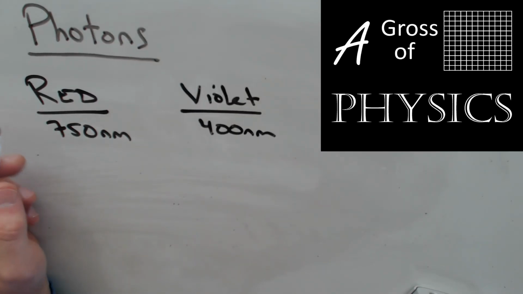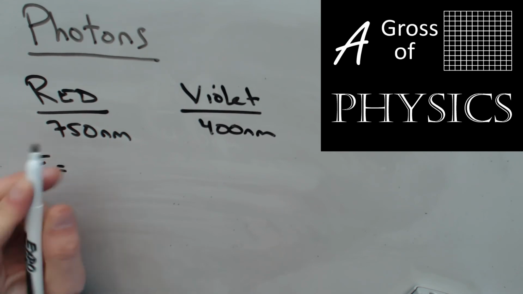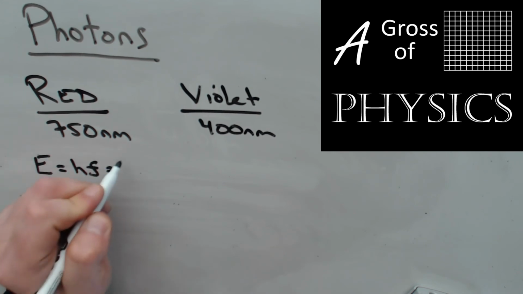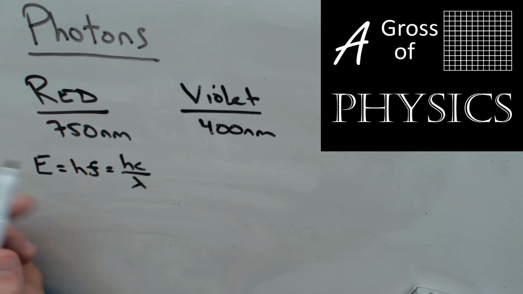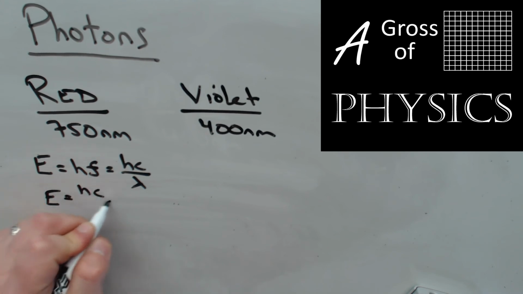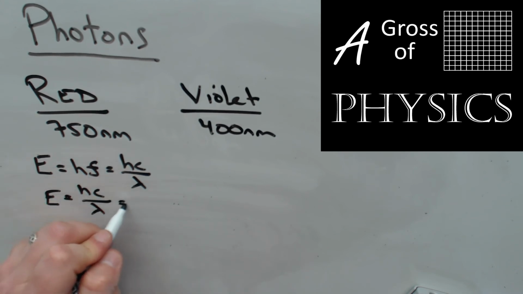Now, in order to find the energy of the photons, we're going to find the difference between red and violet and see which one's more energetic. Now, the equation is hf or hc over lambda. And since we have the wavelengths in this case, we're going to use the second version. So E equals hc over lambda.